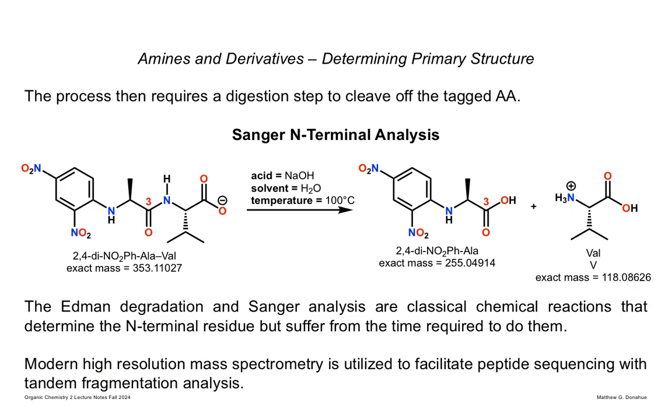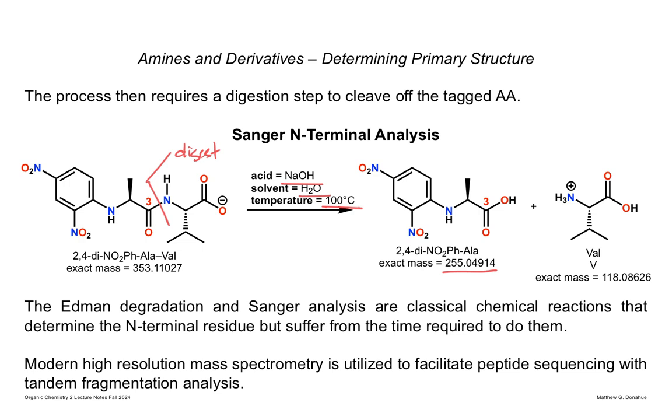So the digestion step in this case is using sodium hydroxide in water at 100 degrees. We're now clipping off that N-terminal residue, and we're ending up with the tagged alanine here that has a mass of 255.04914.